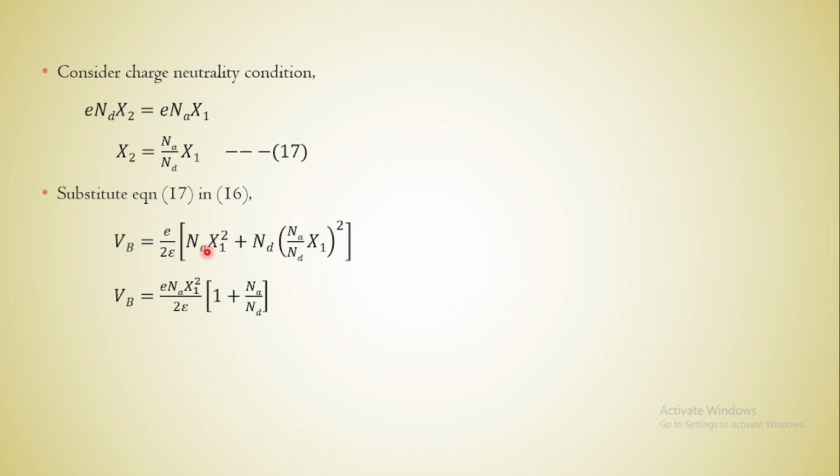We are remaining with 1 plus Na by Nd, because with Nd square in the denominator, one Nd gets cancelled from the numerator. Then easily we can rearrange this equation to get x1. So x1 square will be equal to 2 epsilon Vb divided by e Na into this bracketed term.